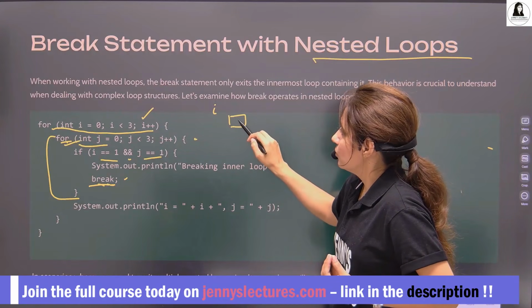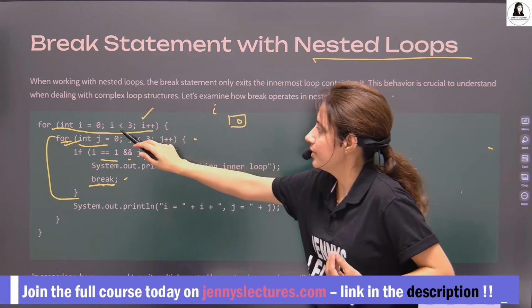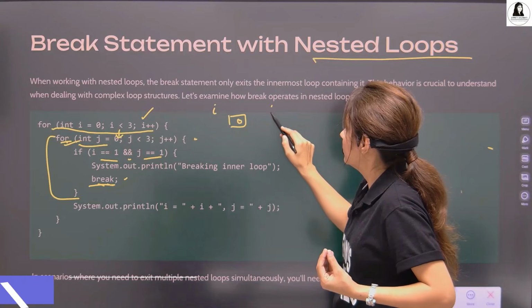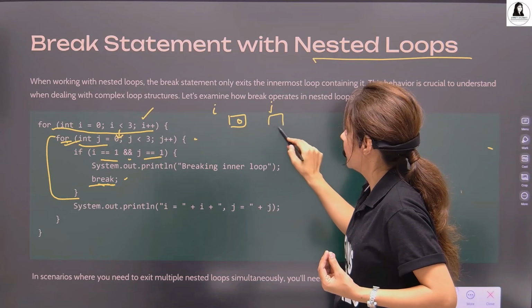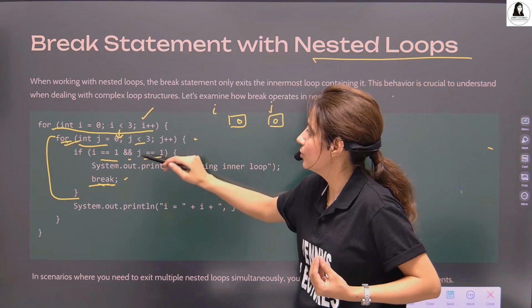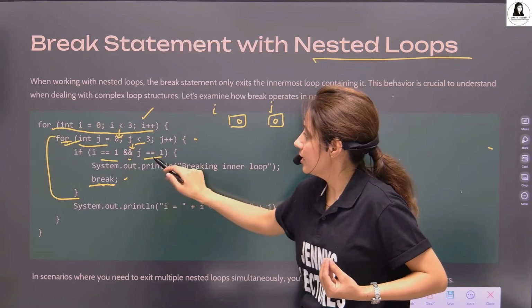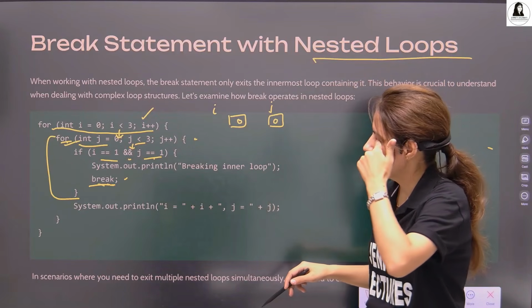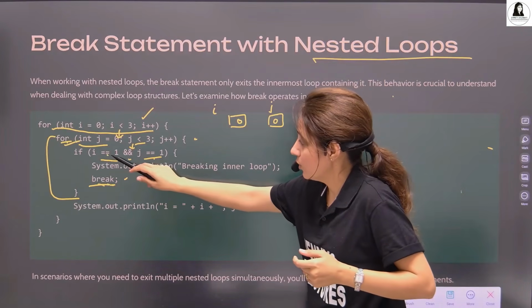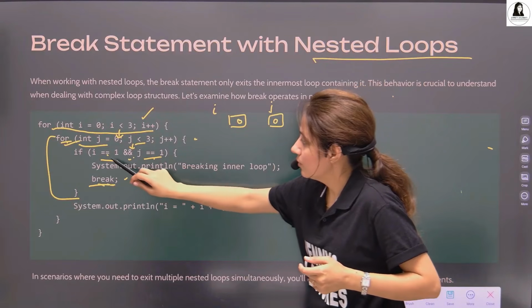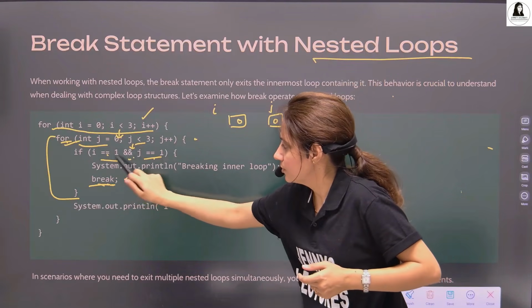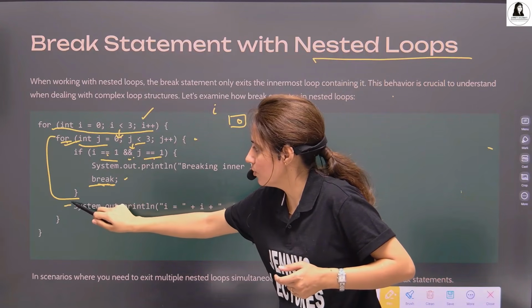See, i is 0, condition true, yes, you will enter here. Now j is again 0, this condition true, yes, now enter here. Is this condition true? No, i equal to 1 and j equal to 1 is not true. So we will not enter into this if block and directly control will be here.